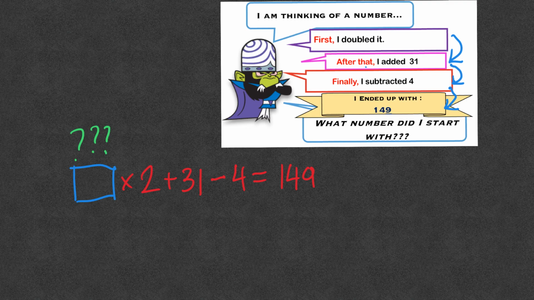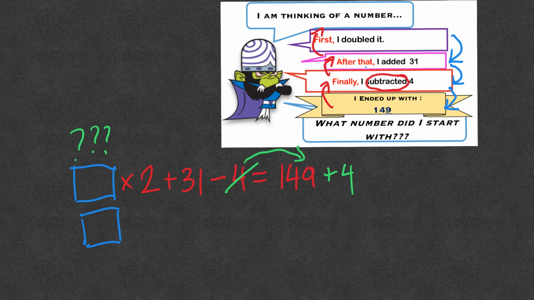So what we will want to do is work in the reverse of the evil monkey. So if the evil monkey subtracted 4, we're going to add 4 to the other side in order to remove it. So 149 add on 4.